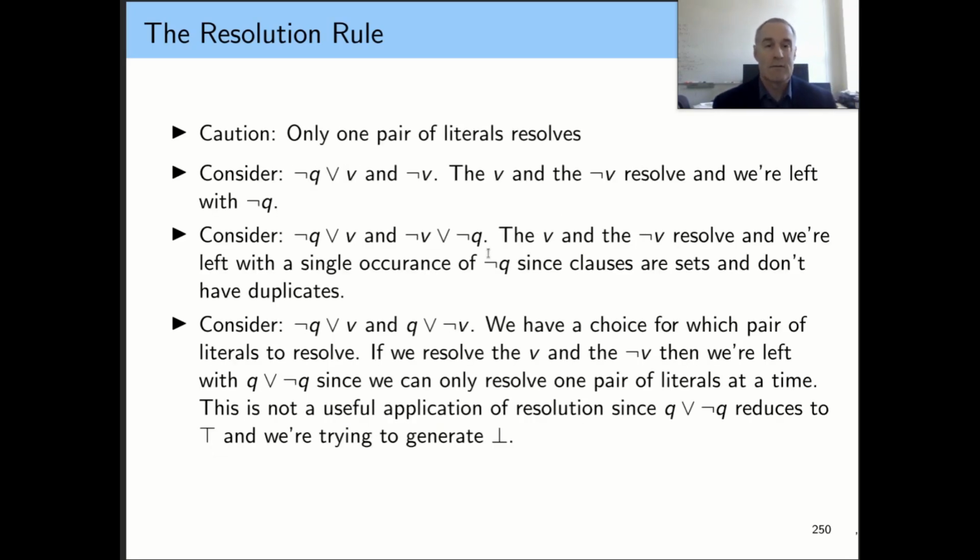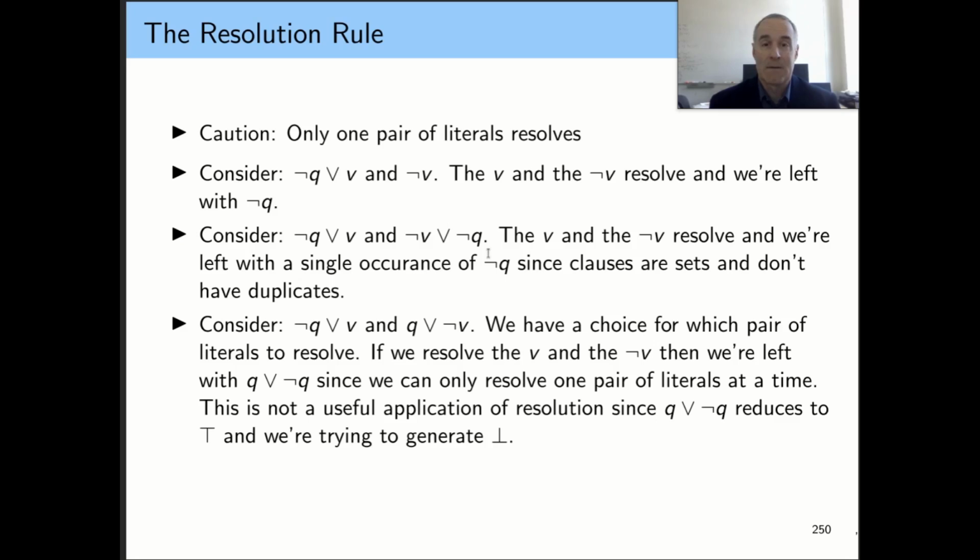It's a very simple case, other than the last step in an unsatisfiable resolution. Let's say that we have not Q or V, and we also have not V. Well, the V and the not V are resolved, and we're left with just not Q. Next case, slightly more complicated.